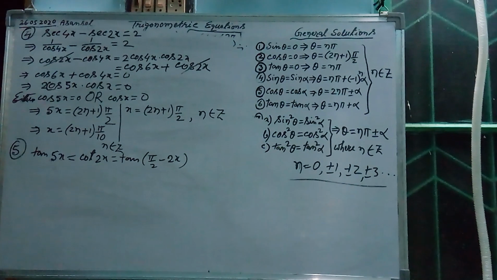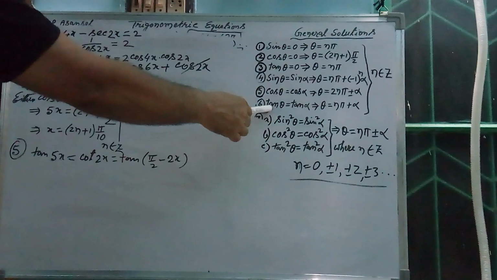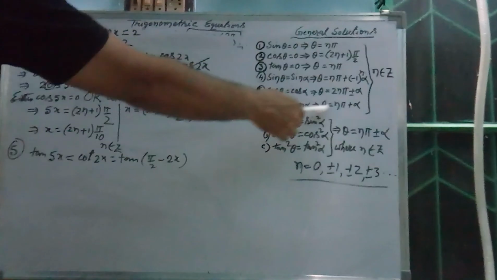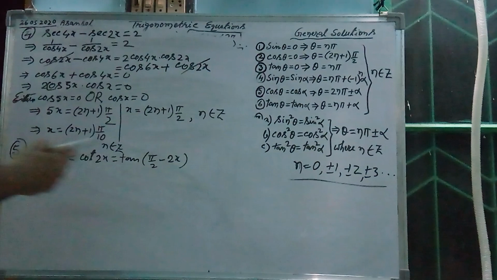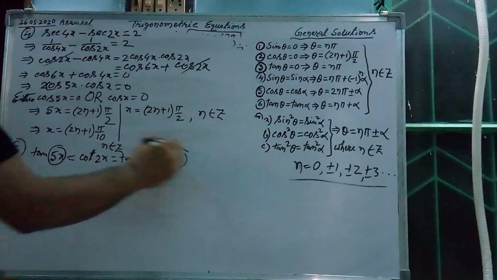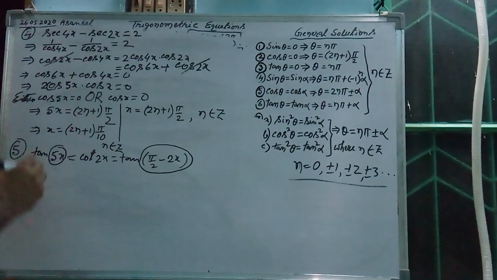So if tan theta is equal to tan alpha, theta is equal to n pi plus alpha.